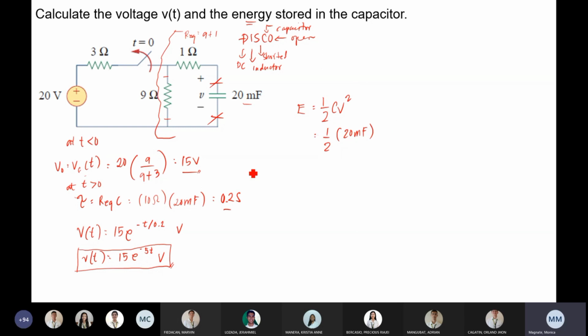Then yung voltage natin is 15. Pwedeng ito na lang din, yung 15 volts, kasi yun naman yung initial na voltage natin ng capacitor. So 15 volts na lang yung consider natin. So 1/2 times 20 millifarad times 15 squared.